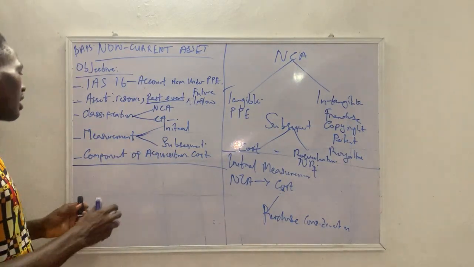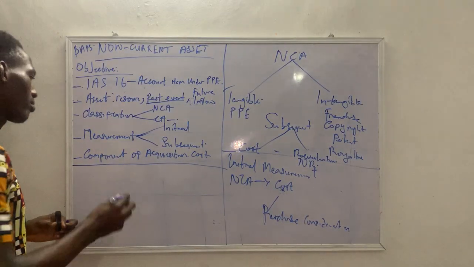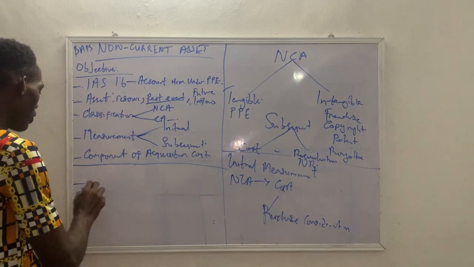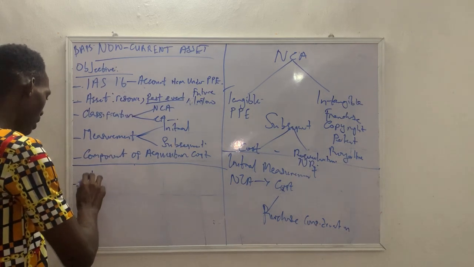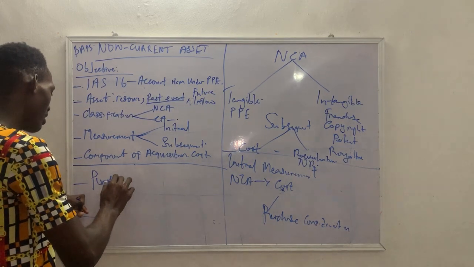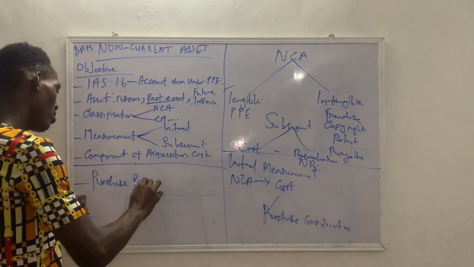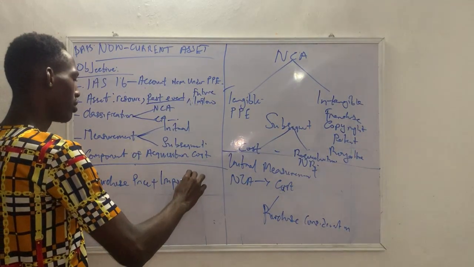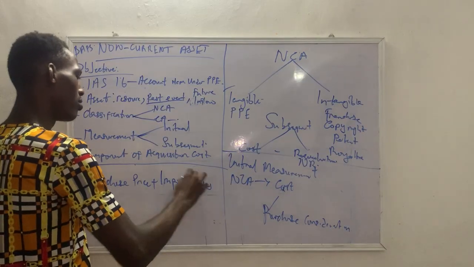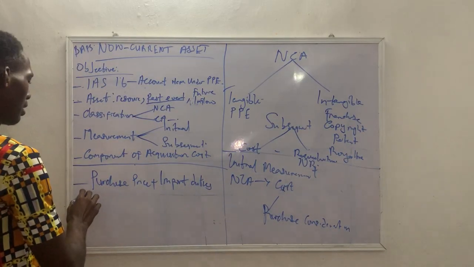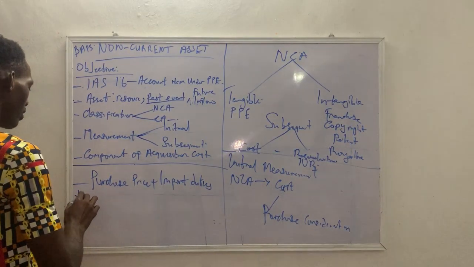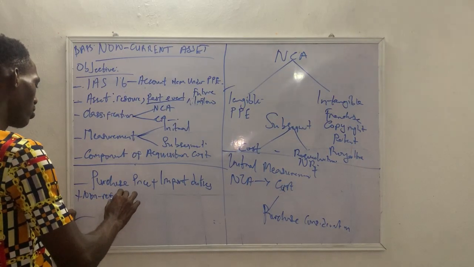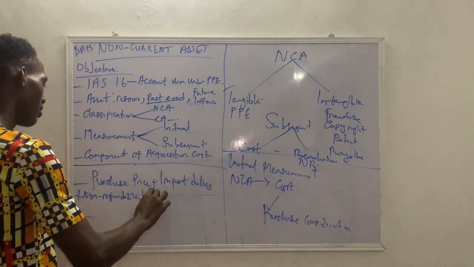The cost. Now, the components of acquisition cost. I'm just going to summarize it into two. Now I'll call this the purchase price. That is, this includes import duties, plus non-refundable levies.